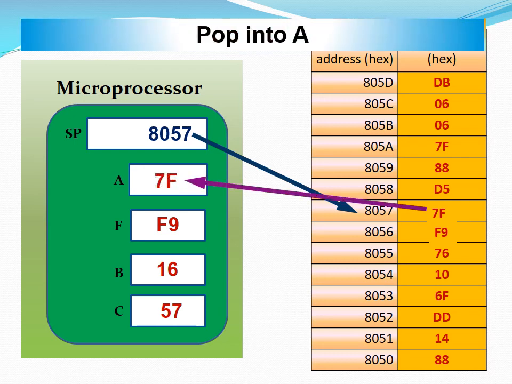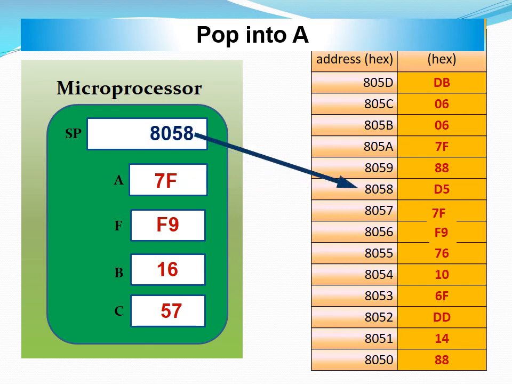If we pop into A, the contents of memory location 8057 are loaded into register A. We can also see that we have restored register A. The stack pointer is incremented from 8057 to 8058.